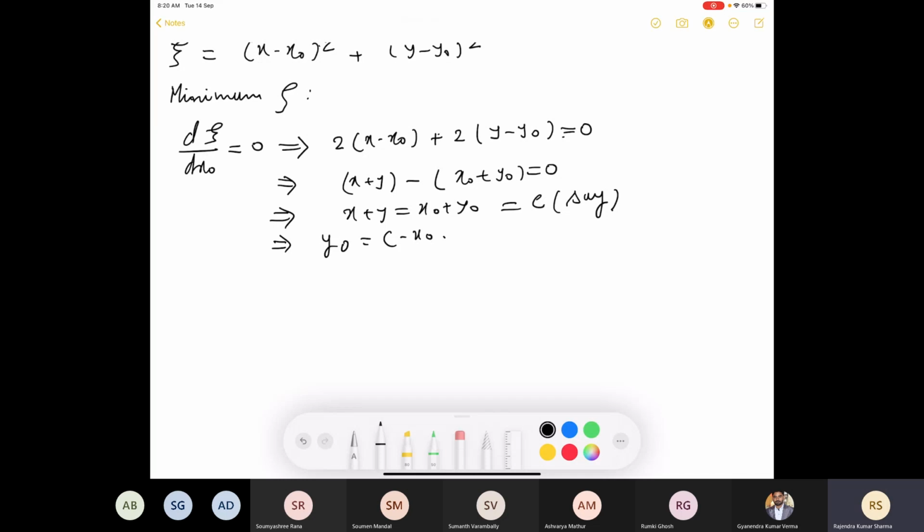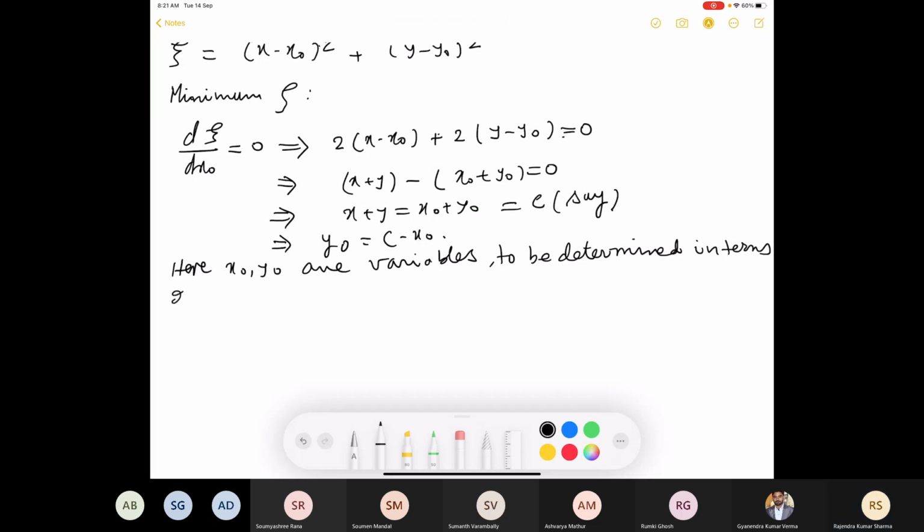So here x naught, y naught are to be determined, are variables, because we want to know what is that vector in terms of x, y.